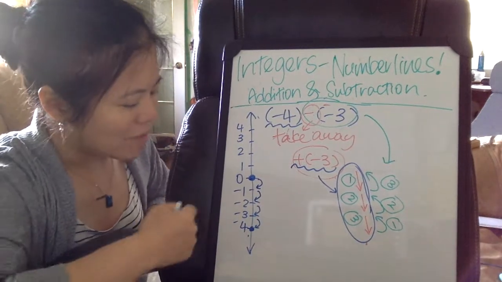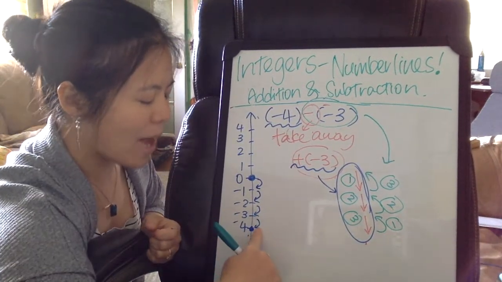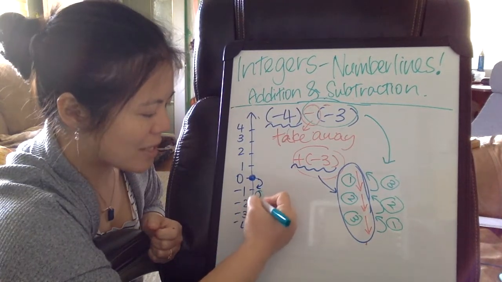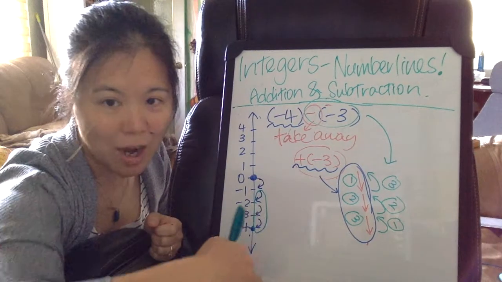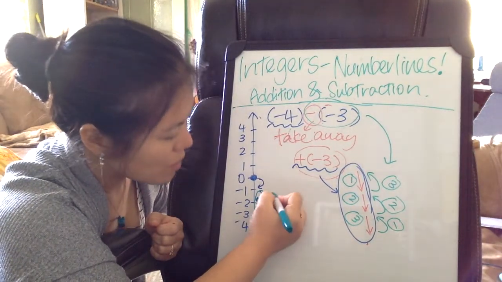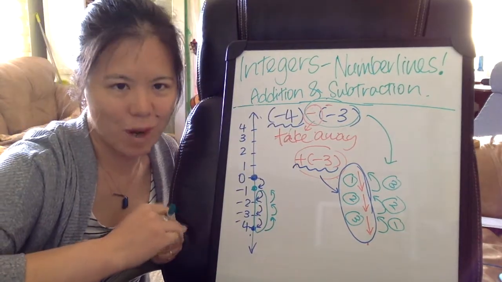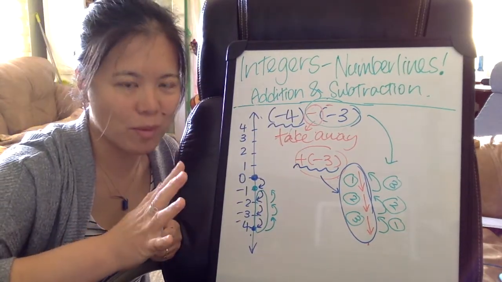So from -4, I am taking away these 3 steps that I took downwards. So I'm going up 1, 2, and 3. And this is where I end up, -1. Okay, this is the important part.